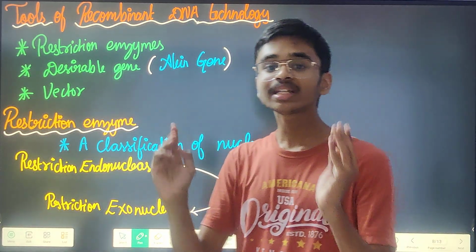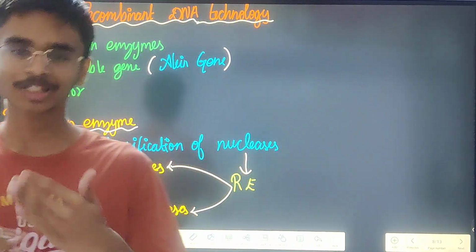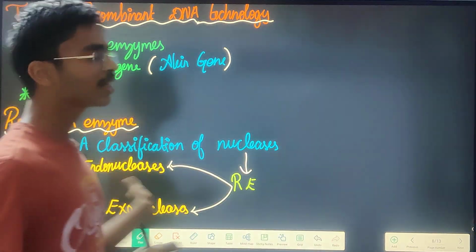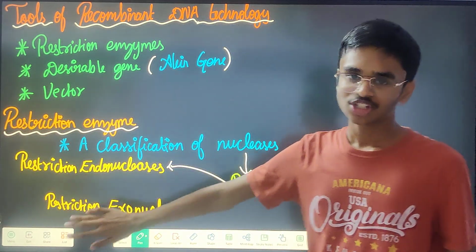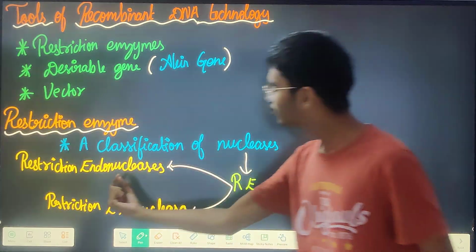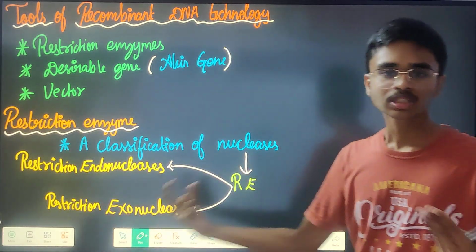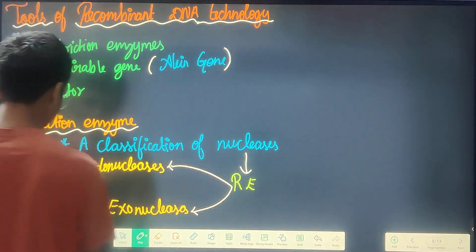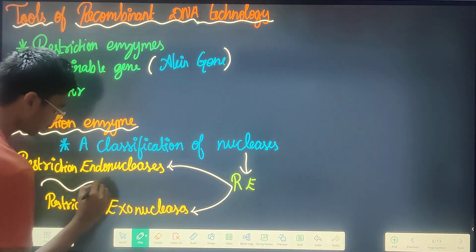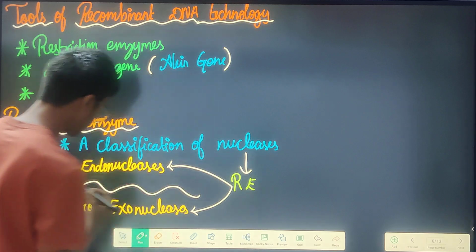They will cut inside the DNA molecule. We will first analyze them based on their nomenclature, their name. So one will cut from the inside and the other will cut from the outside. For example, I will take a DNA itself and consider this one.